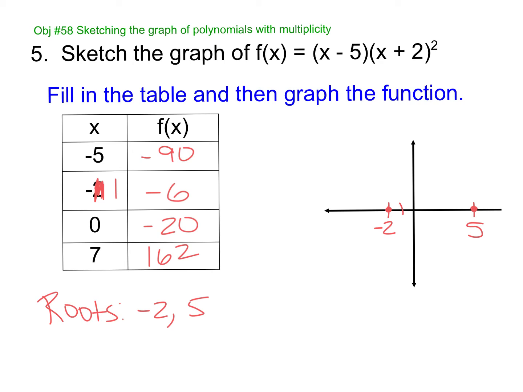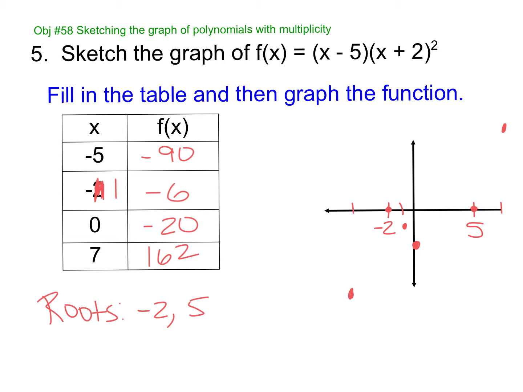So -5 is over here. -5, -90, so it's way down here. And then -1 is -6, so like here. 0 is -20. And 7 over here is 162, so like up here.